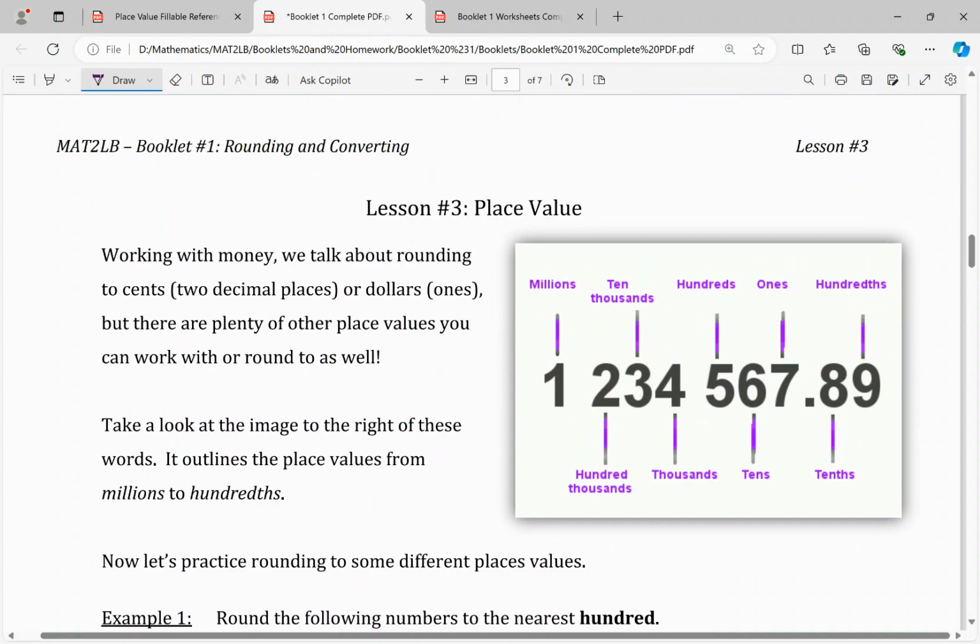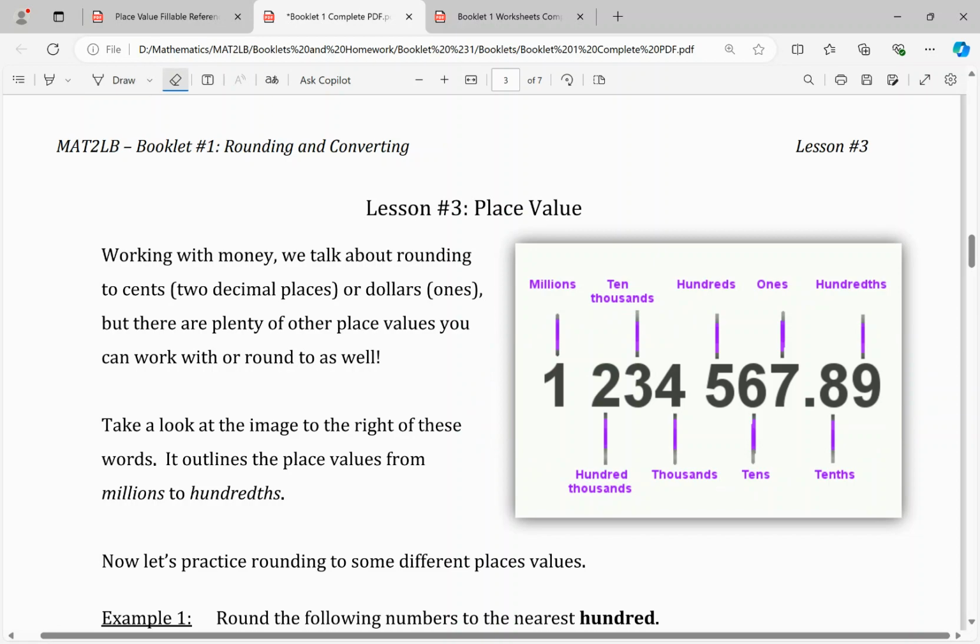Now, when I write out a number, such as this giant number that's on our screen, right here, each digit has a different place value. Now, if I was to say this number as a whole, I would say that it is 1,234,567 and 89 hundredths.